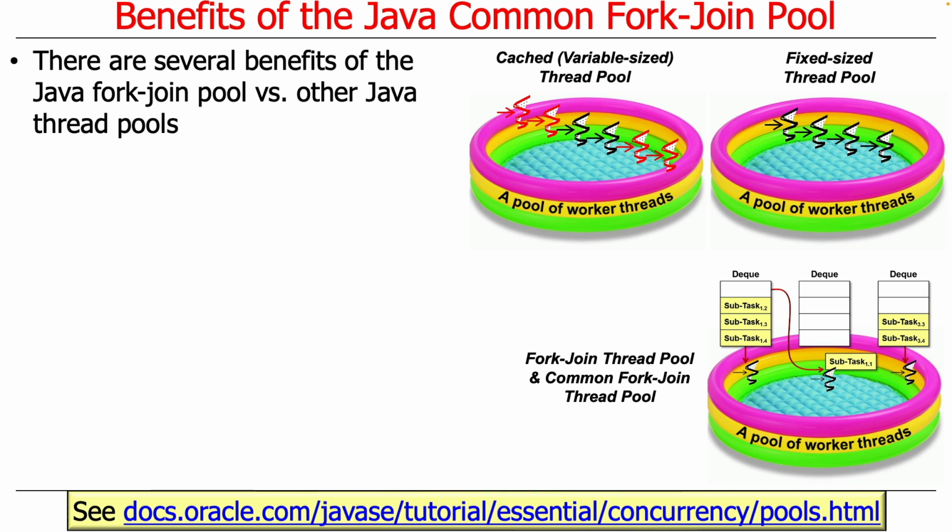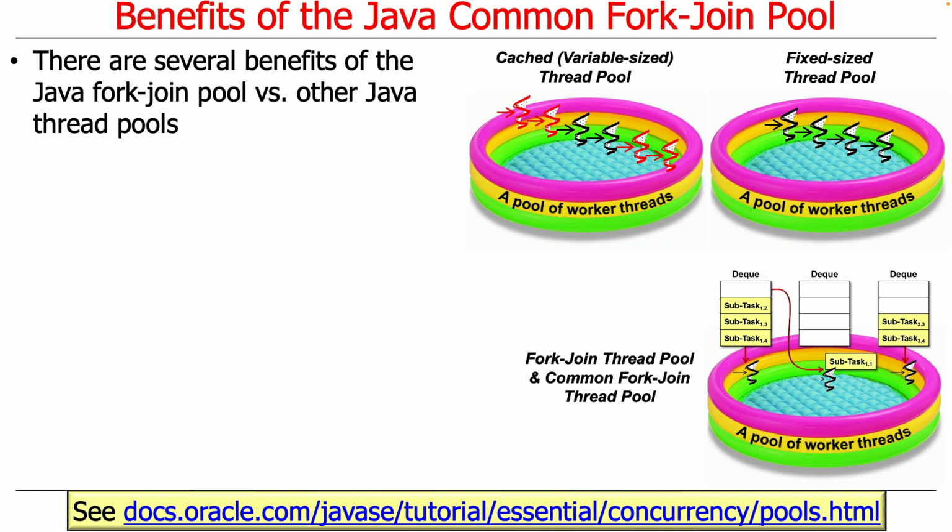There's also something called a cached thread pool, also known as a variable size thread pool. Whenever someone wants to submit something or execute a task with the cached thread pool, it first checks to see, are there any threads under my control that are currently not doing anything? If so, I'll hand the work off to one of those threads that's ready to do work because it's otherwise idle.